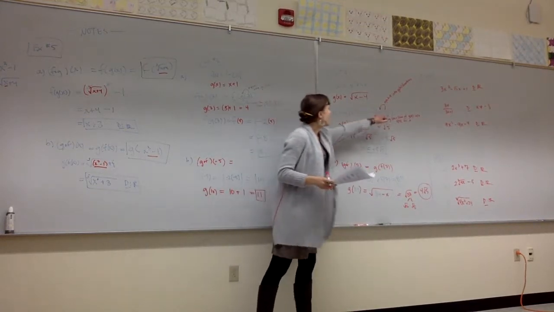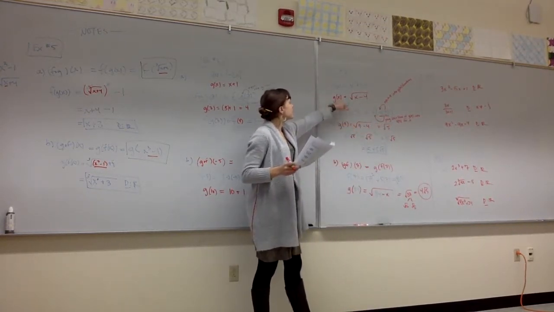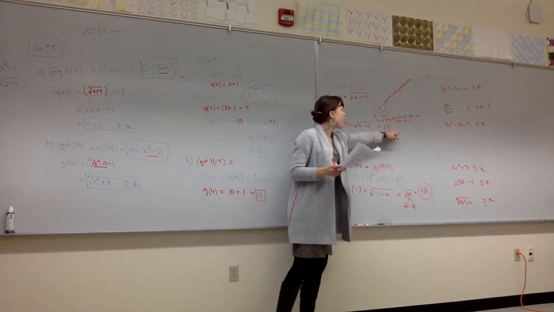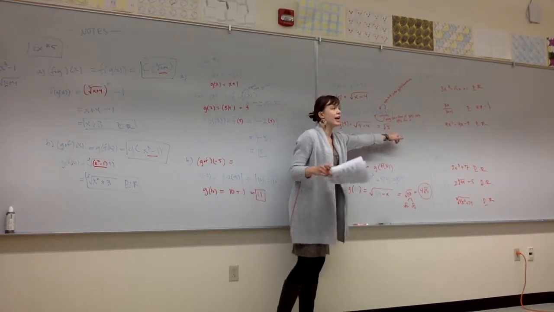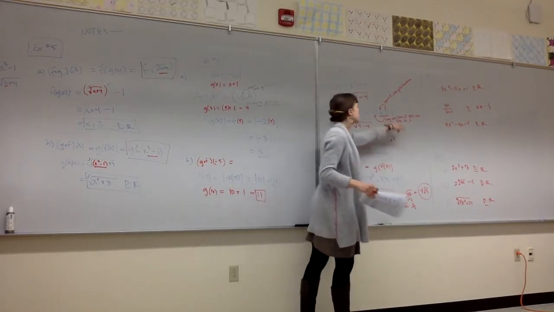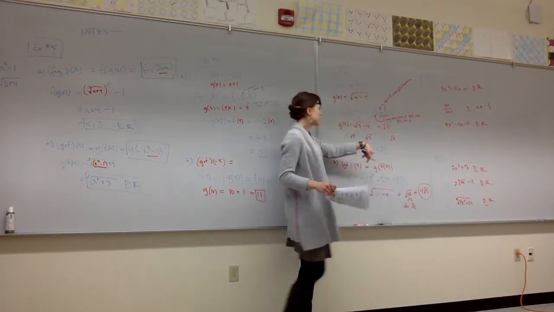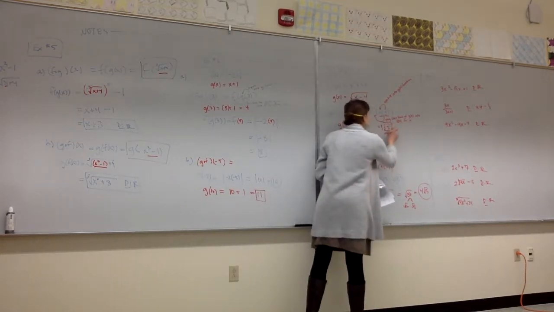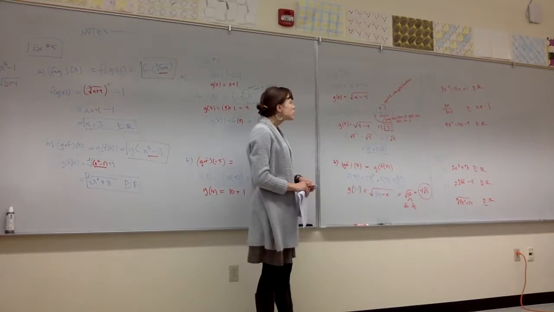So g of 9, I plug 9 into my g of x function, the square root of 9 minus 4, becomes the square root of 5. I can't simplify that any further. I could make it a decimal, but I'd have to cut off decimal points, so this is my most accurate answer.